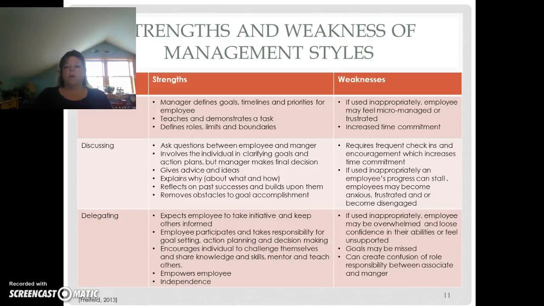So with this style, if used inappropriately, the employee may be overwhelmed. They may lose confidence in themselves and their ability and feel unsupported if you're using this too soon. Goals may be missed, and that's the ultimate responsibility of the manager if it's a large enough goal that the corporation's looking for.